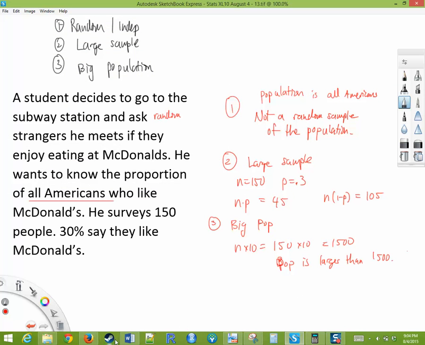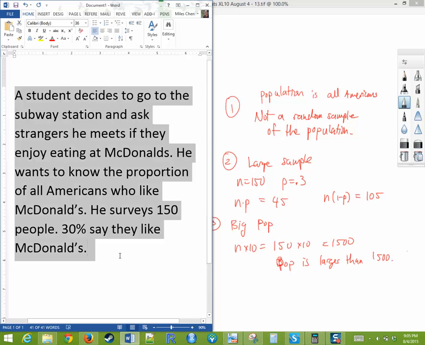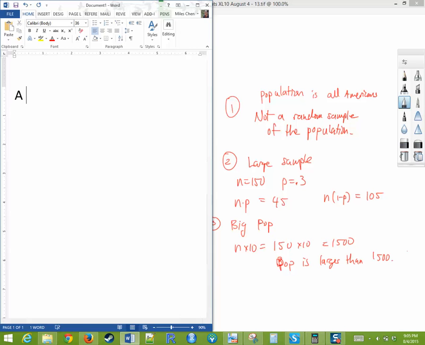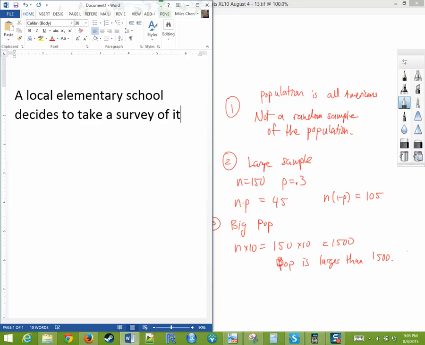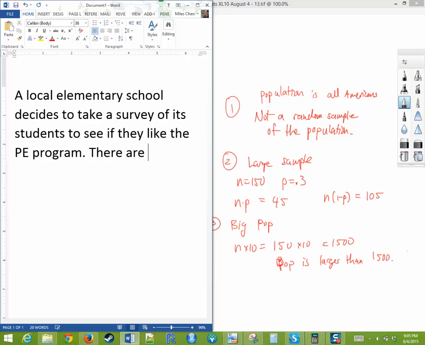All right, let's try another one. So a school, I will say a local elementary school, decides to take a survey of its students to see if they like the PE program. There are 672 students at the school.